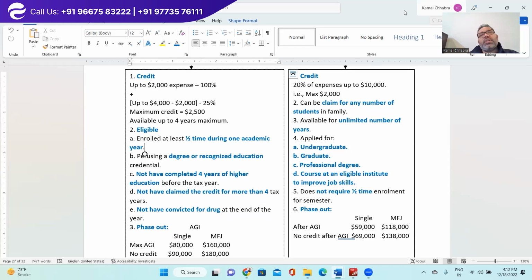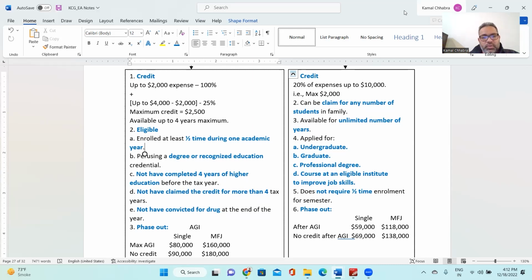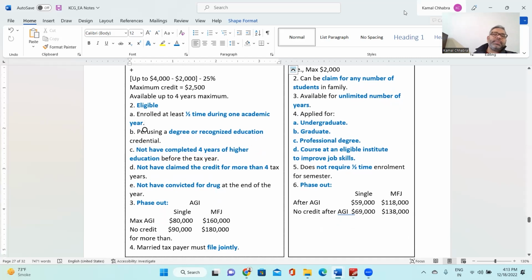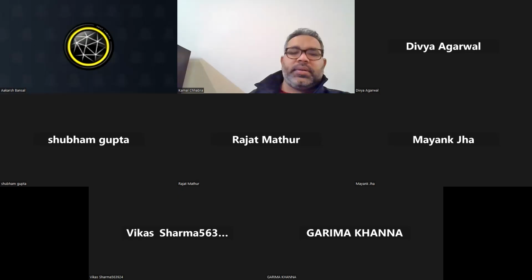The person who is studying in a college or university for any recognized or affiliated course for more than half of the year, has not claimed this tax credit for more than 4 years, and is not convicted as a drug addict by the police. And then some phase out situation. Now let's draw an example.